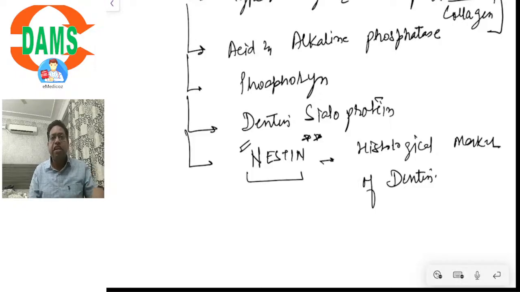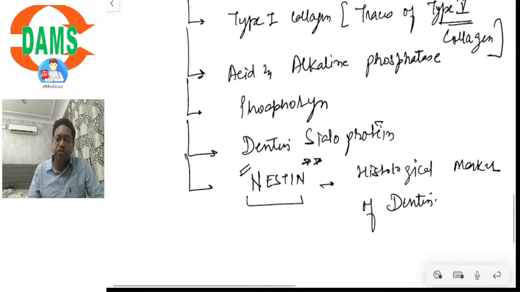If nestin is identified in a particular calcified tissue, it would be dentine. So nestin is considered to be the histological marker for the presence of dentine, the most exclusive component that is present only in dentine. If nestin is not there in the option, the second best histological marker is phosphorin for the presence of dentine.